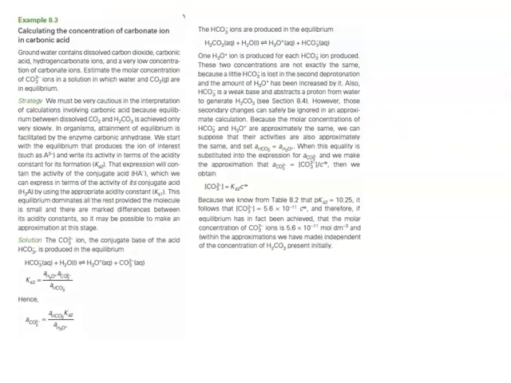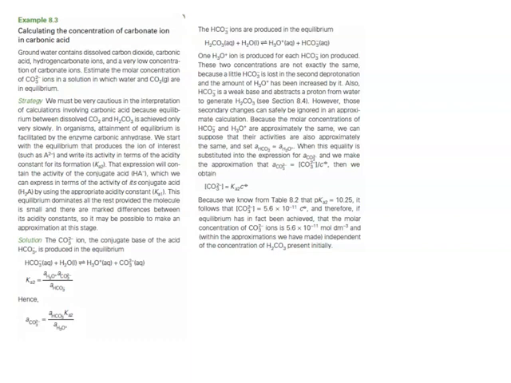So, an example. Calculating the concentration of carbonate ion in carbonic acid. Groundwater contains dissolved carbon dioxide, carbonic acid, hydrogen carbonate ions, and a very low concentration of carbonate ions.